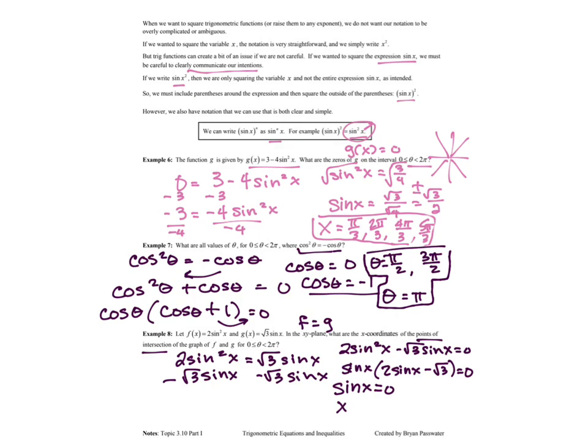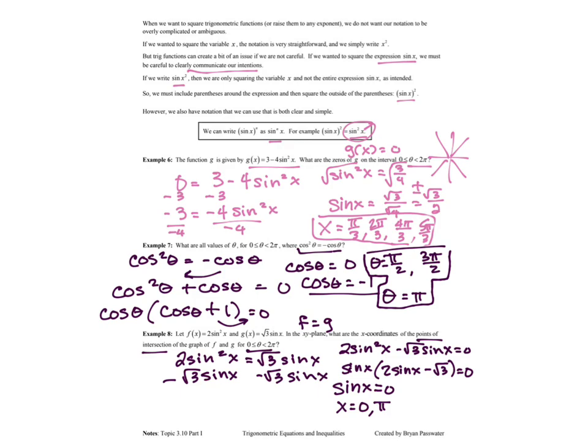Well, look at our interval. We're from 0 to 2 pi. We include 0 because it says 0 is less than or equal to theta. So x equals 0. x equals pi, not 2 pi. Why not? Because it doesn't have the line. It's not or equal to. So 0 and pi. That'll catch both of those.